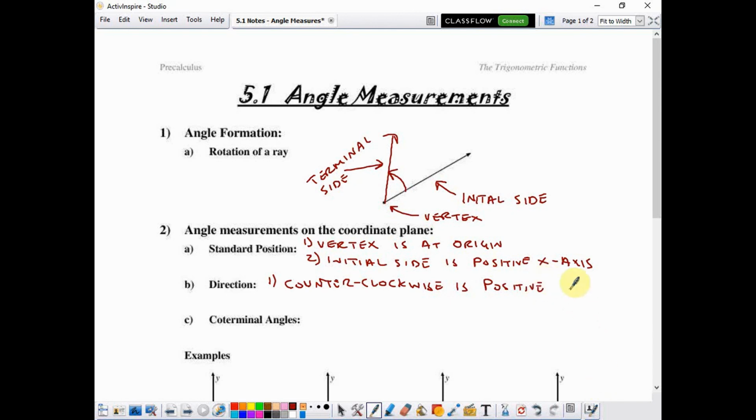So a positive angle rotates that way, starting on the positive x-axis, counterclockwise. Clockwise is a negative angle. So if an angle measure is negative, it starts on the positive x-axis and rotates that way.